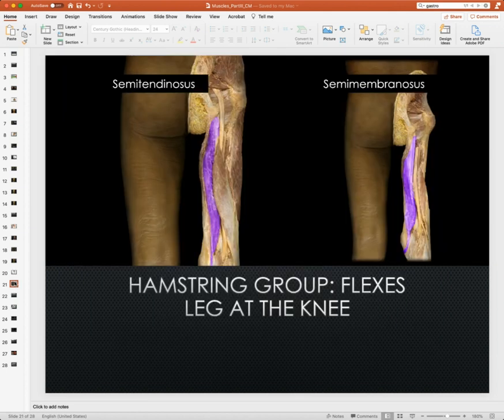So let's now move on to the hamstring group, which flexes the leg at the knee. Here we're focused on two main muscles, the semitendinosus and the semimembranosus.